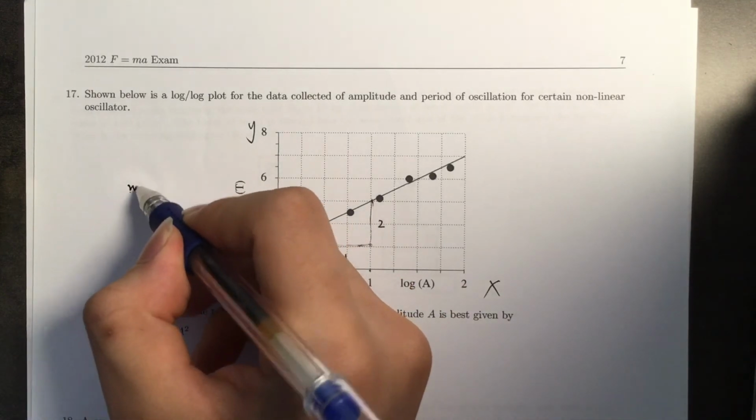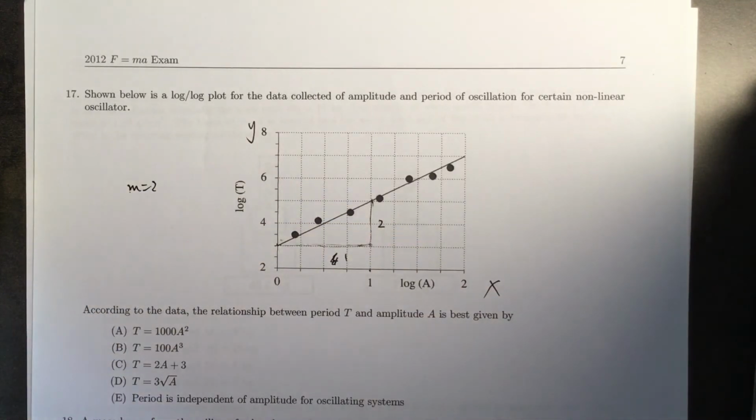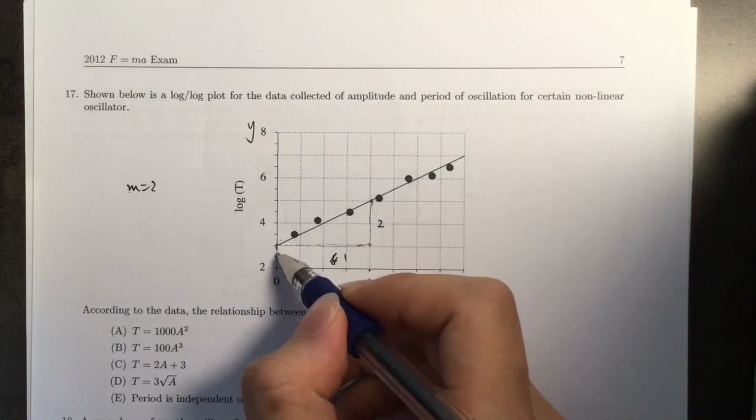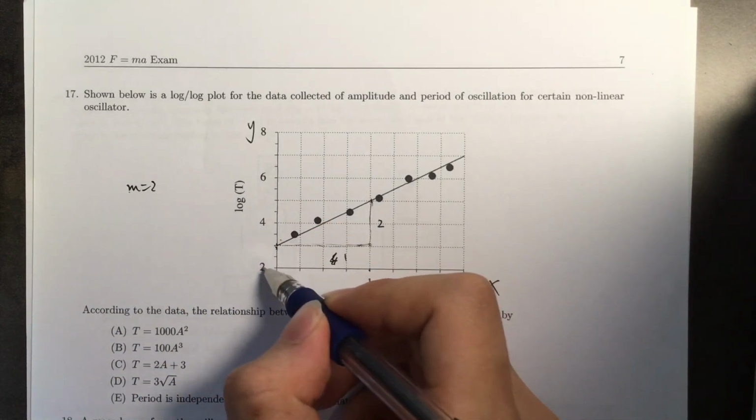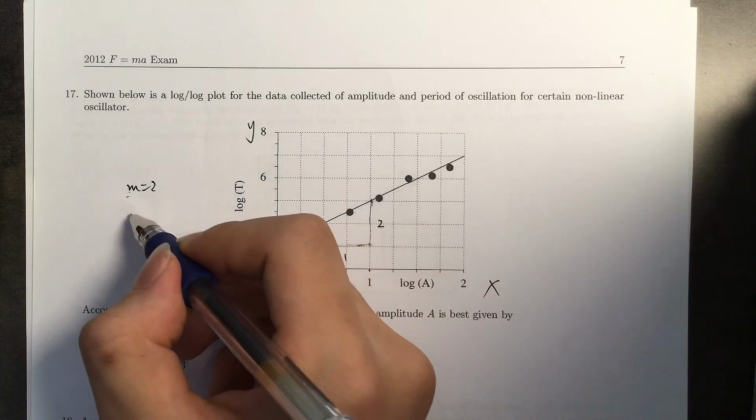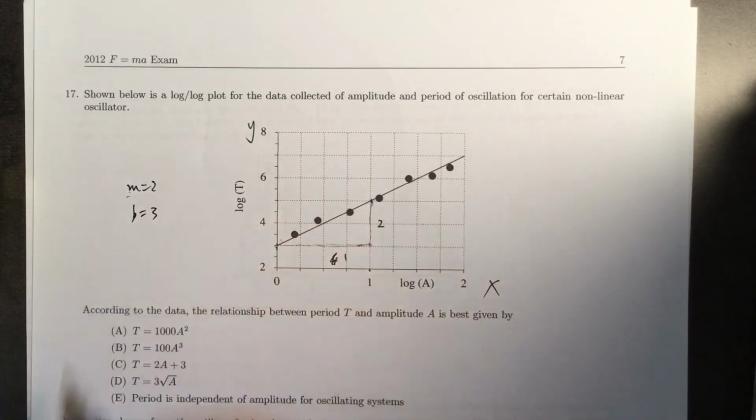The slope is equal to 2, and the intercept is equal to 3. Since here is 2 and here is 3, the intercept is equal to 3.